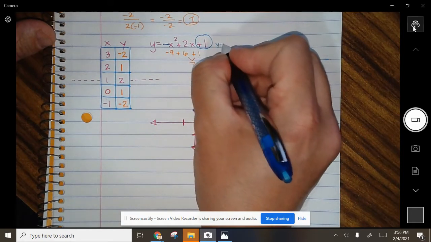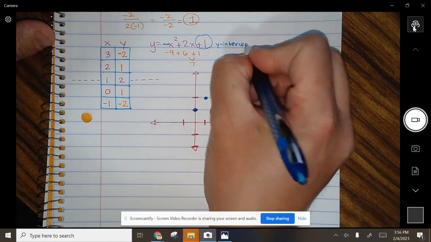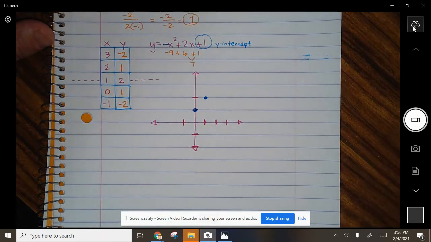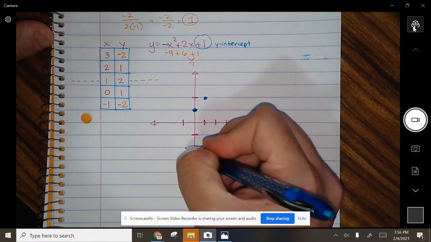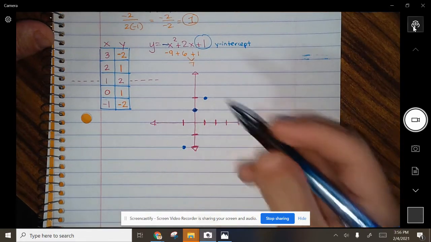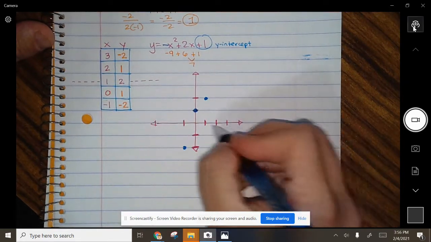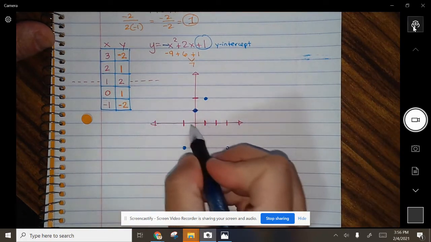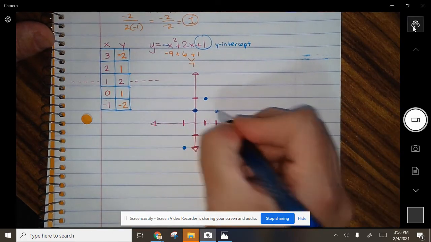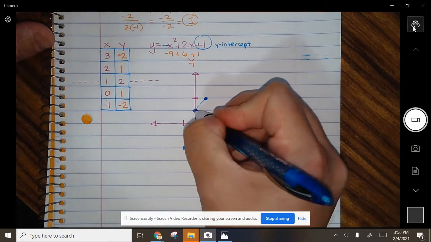Isn't this our y-intercept? Okay. Then, negative 1, negative 2, positive 3, negative 2. Oops, I forgot this one too. Over 2 up 1. Okay, so then I have this.